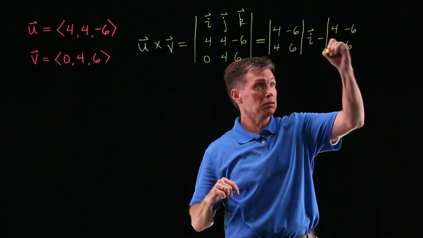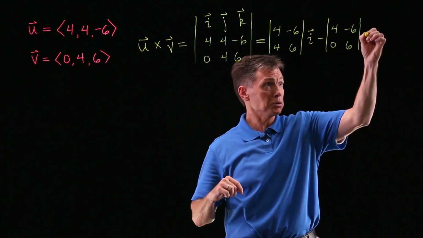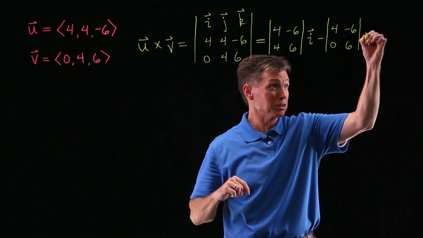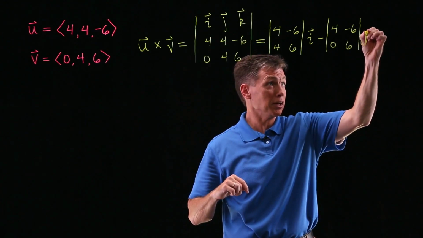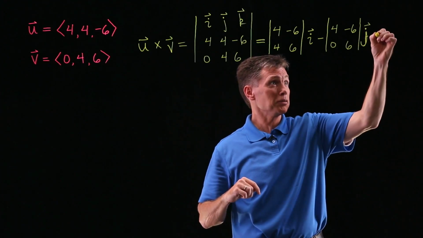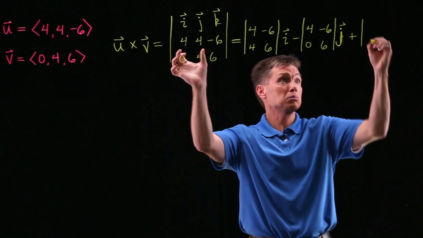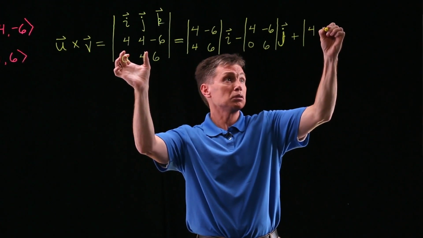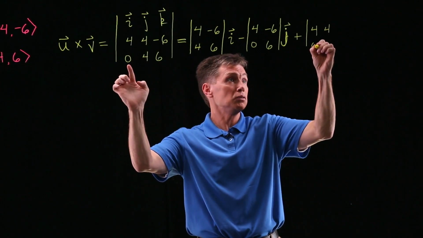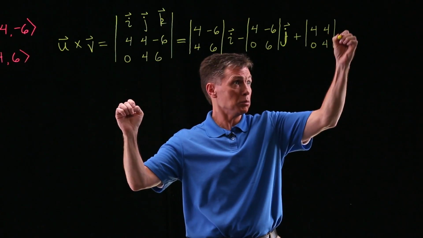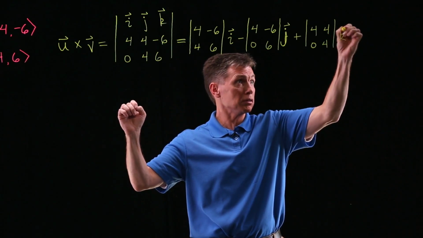I'll need the determinant of that, multiplied by the j vector, plus the determinant of my next submatrix, 4, 4, 0, 4, and that will multiply by my k vector.